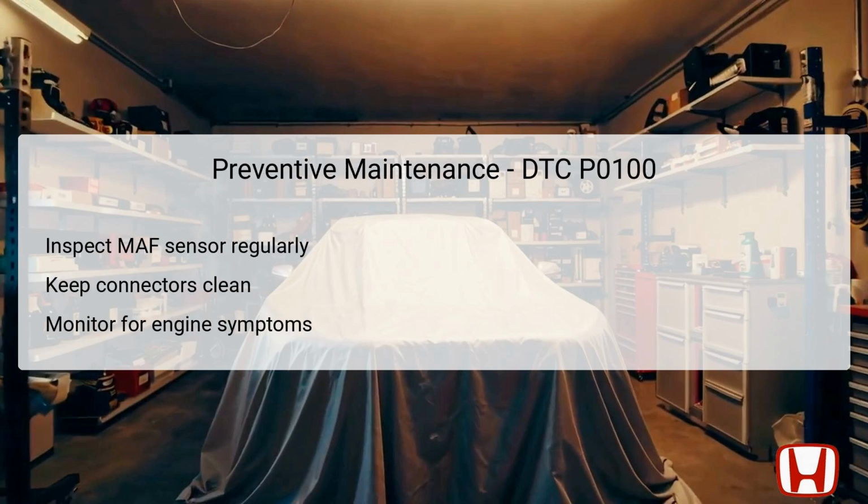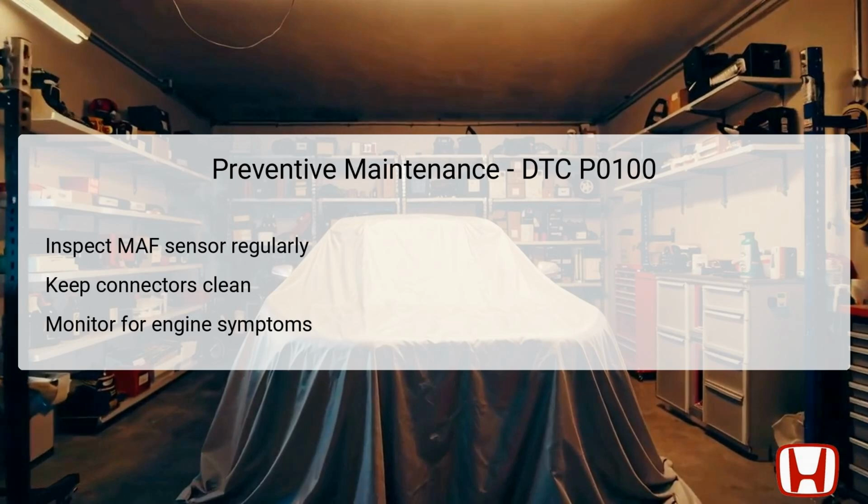Preventive maintenance is crucial in avoiding DTC P0100 and related issues. Regular inspection of the MAF sensor should be included in routine vehicle checkups. Keeping electrical connectors clean helps ensure solid connections, preventing data communication failures.